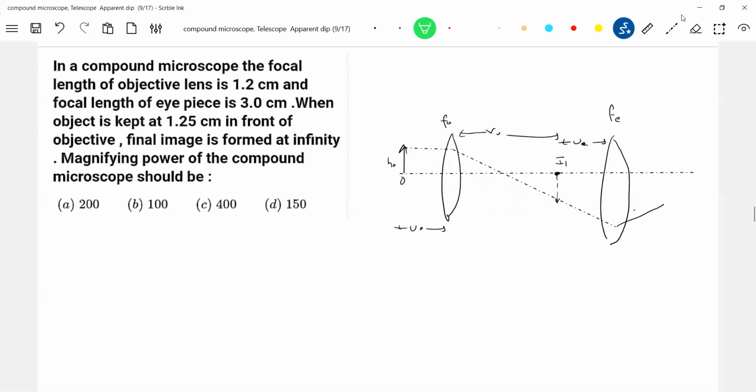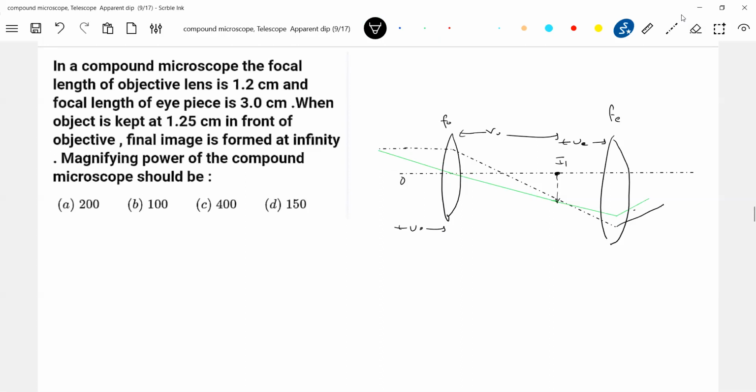We have to take one more, no? Here. There's a rough diagram.